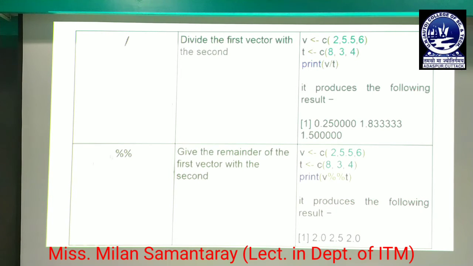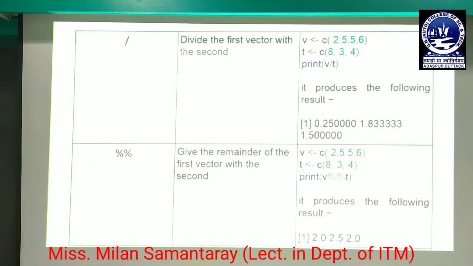And then another one is our modulus operation. So, this is the syntax of writing the operator, and this is the symbol to perform the modulus operation. That means when we want to perform modulus operations, we have to use this symbol. It gives the remainder of the first vector divided by the second. That means whatever remainder we have after dividing the first vector by the second, it will give that result.